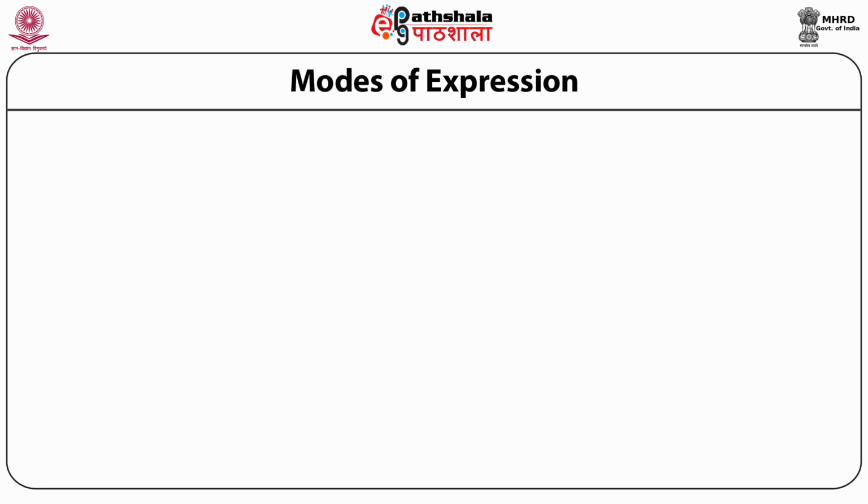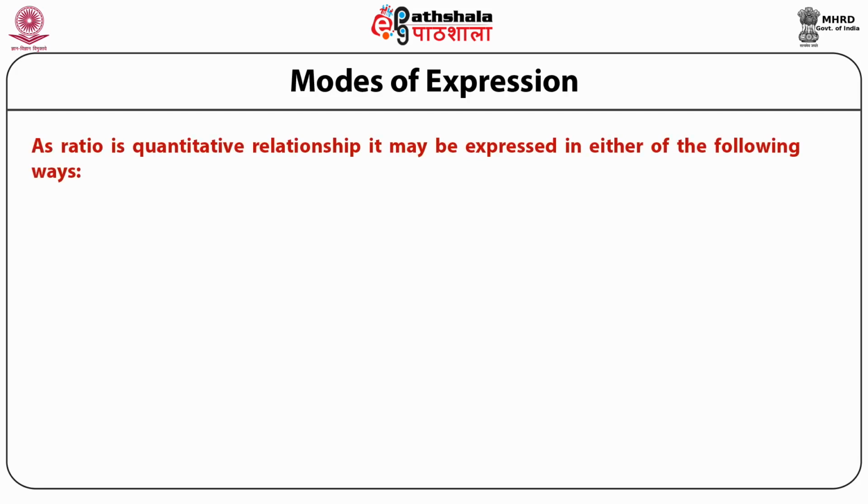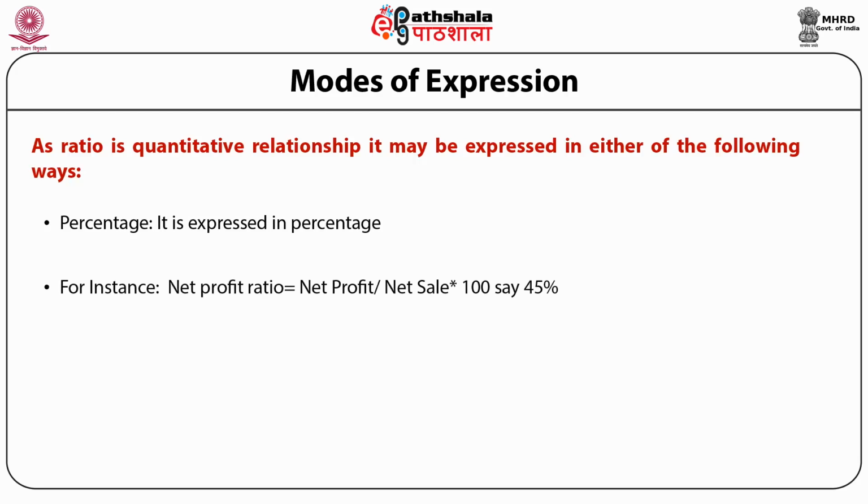Modes of expression. As ratio is a quantitative relationship, it may be expressed in any of the following ways. First, percentage. For example, net profit ratio is equal to net profit divided by net sales multiplied by 100, say 45%. Second, pure.